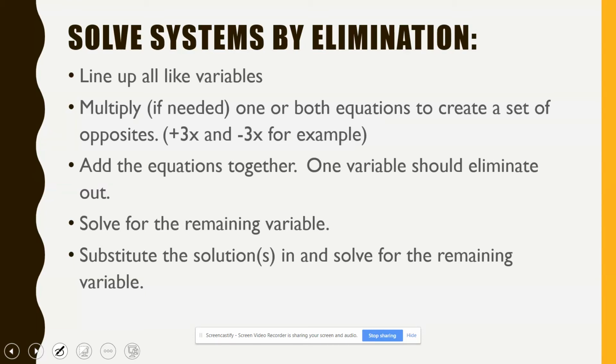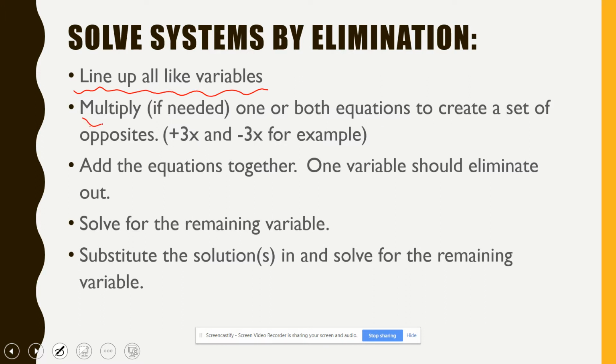Welcome back, everybody. We are going to finish up section 3.5 and talk about solving systems by elimination. A reminder about elimination: we're trying to make it so that one part of our equation adds to zero, or eliminates. Make sure all your variables are lined up.